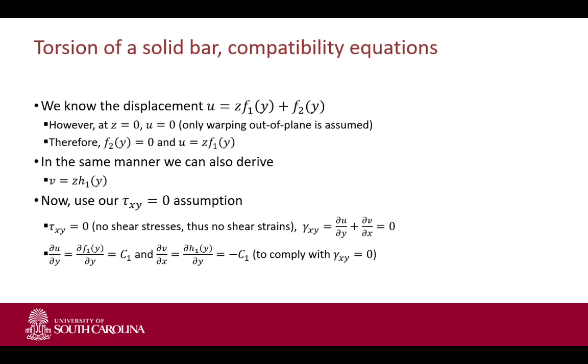Another thing that we assumed in the beginning: we said it warps, and we didn't have any shear stresses in plane, in xy. Therefore, the warping occurs out of plane. So if we torque something, we get displacement out of plane, not in plane. Because of that, if z is equal to 0, say at an end of the rod, then the displacement u must be equal to 0.